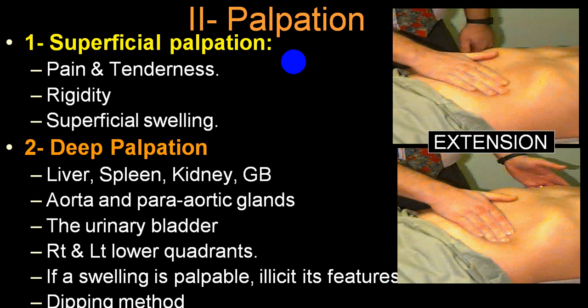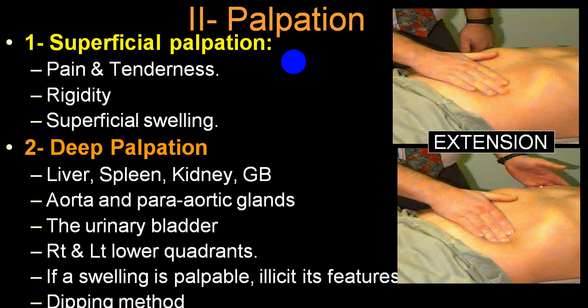While in a deep palpation, you have to push your finger in over the abdominal wall so that you can identify liver, spleen, palpable mass, you can identify tenderness, and you can look for even guarding. And the basic principle we have already mentioned before, that you always go from a non-tender area, and the last area to be palpated is a tender area.